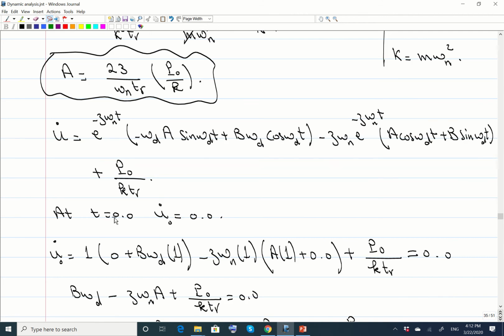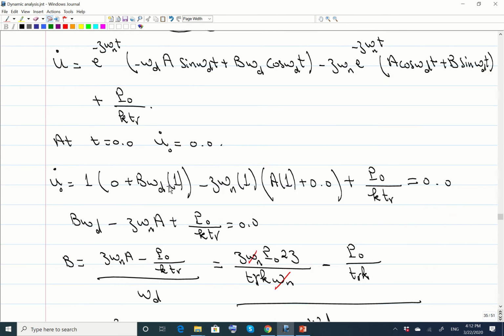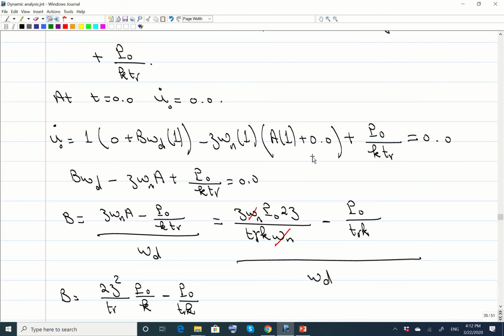And then every time you find time, put it 0. The time is 0, so this term becomes 1, this one becomes 0, 1, 1, 1, 0, and then put the initial velocity equal to 0. So from this, I solve for b, okay?